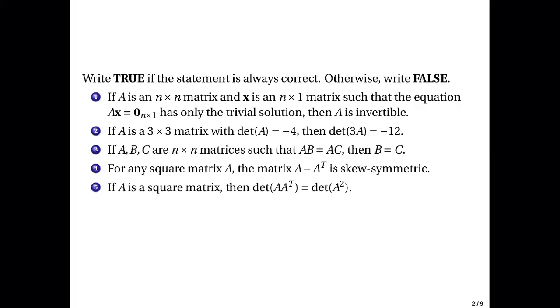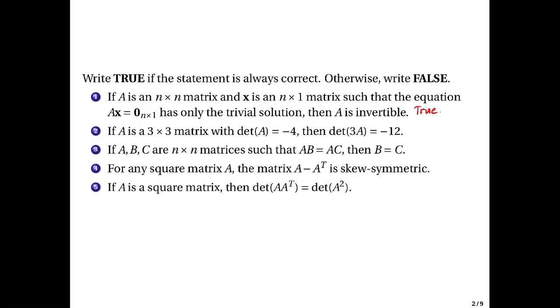This is one of those. You have this first statement in here. It is equivalent to the invertibility of your matrix A. So for this one, the answer is true.